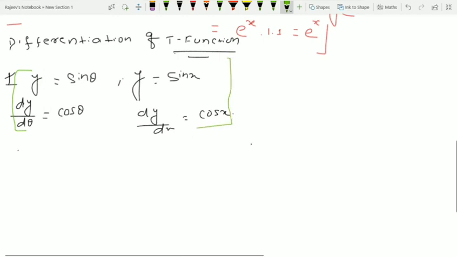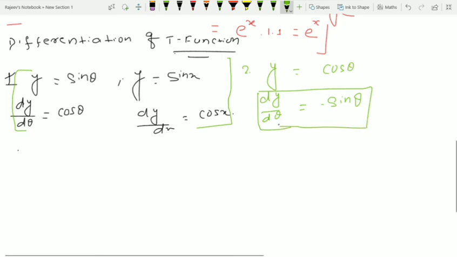You have to remember this formula like a standard result and keep it in your mind. Same for formula number 2: if y is equal to cos theta, similarly dy by d theta, and the differentiation of cos will be minus sine theta, right? So this will be a standard result. If it is cos x, then dy by dx will be minus sine x.